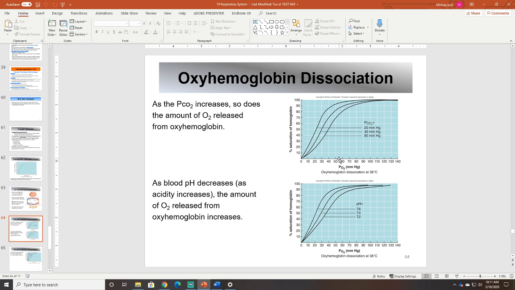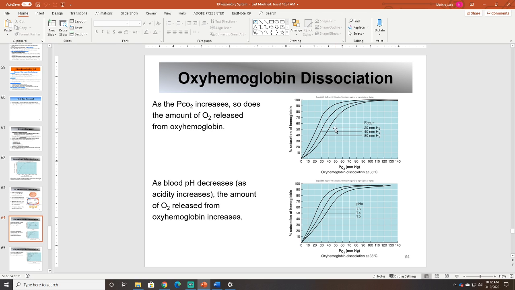What this means is that hemoglobin again is going to be far less able to bind oxygen in the condition of elevated CO2. When CO2 is elevated, it's going to take a lot more oxygen in the blood to meet this mark of 75% saturation. When CO2 is low, it takes less oxygen in the blood to meet this mark of 75%.